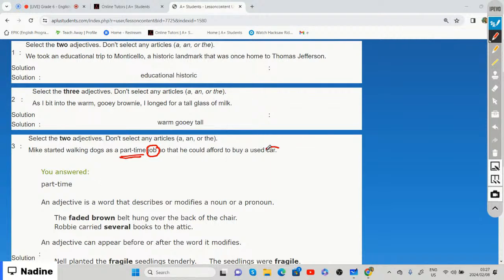And then car is the other noun, but used car is the adjective. It describes the noun. Right? So part-time job and used car, those are adjectives.